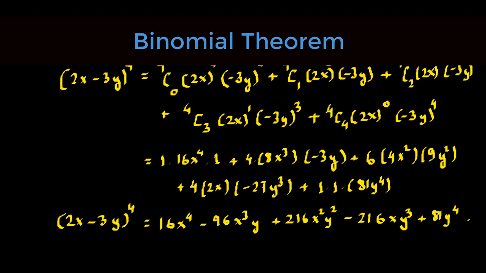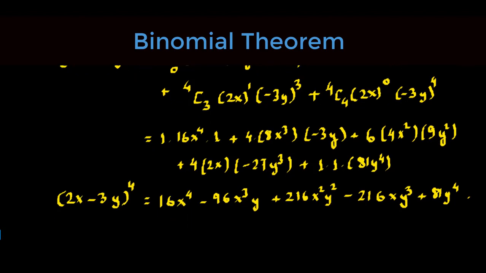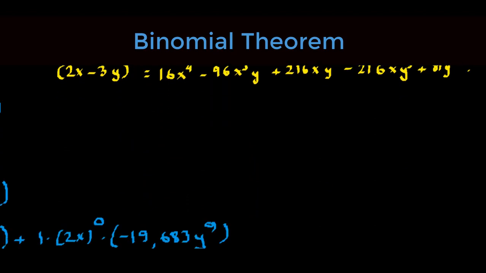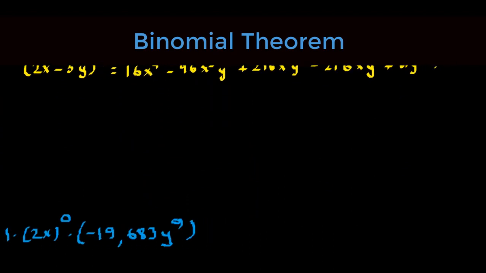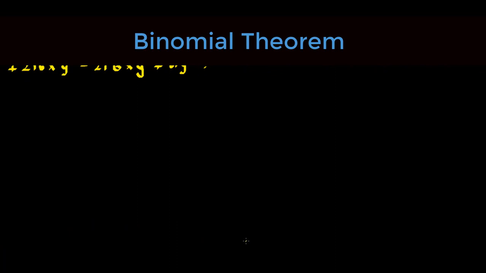Okay, so now that we've understood how to perform binomial expansion, let me give you some practice problems, so you can pause this video. Okay, I've run out of space here. Okay, this is good space.